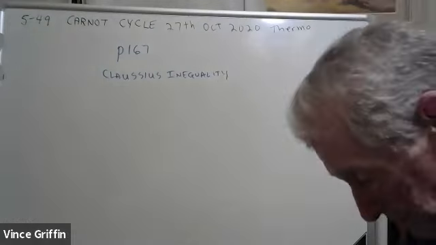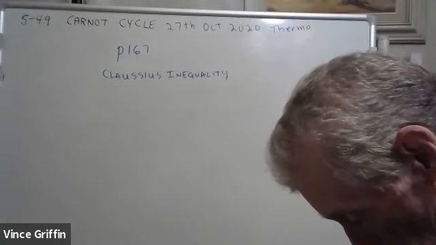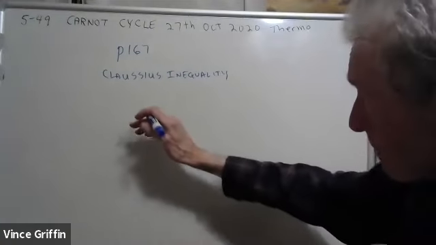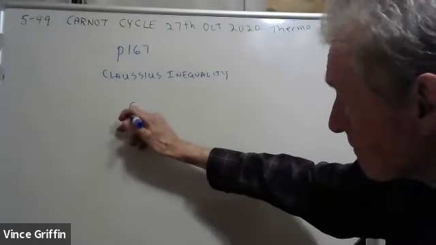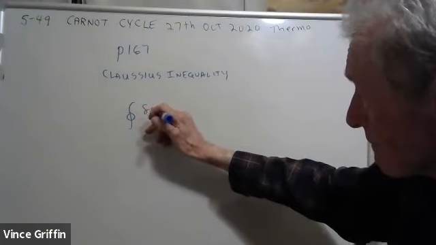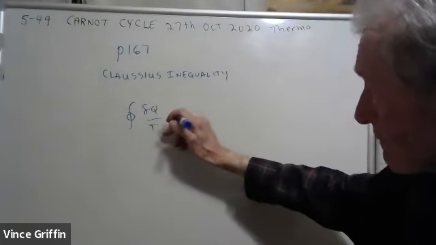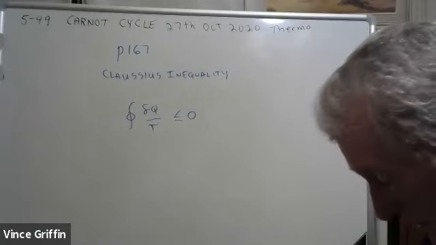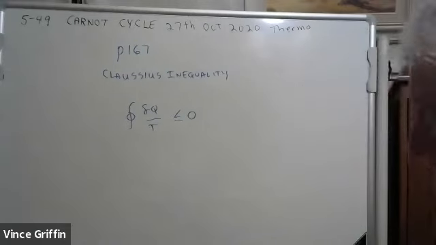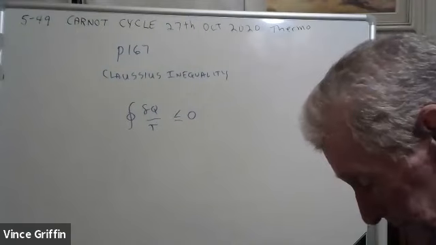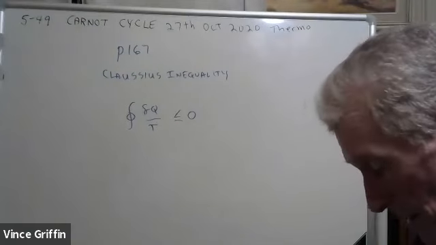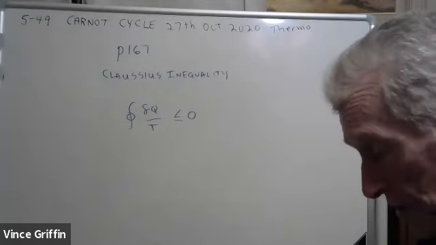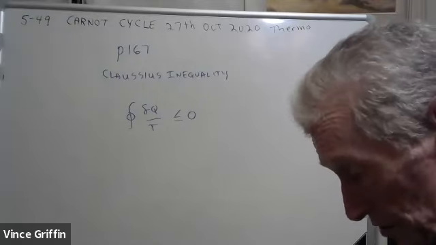It was discovered, oh gee, over 150 years ago. And you're looking at it. That's it. That's the Clausius inequality. It's on page 167. It was discovered by examining steam engines.